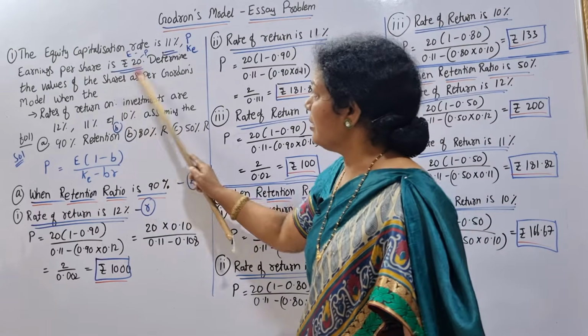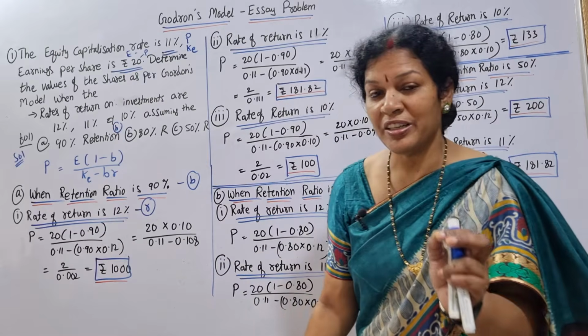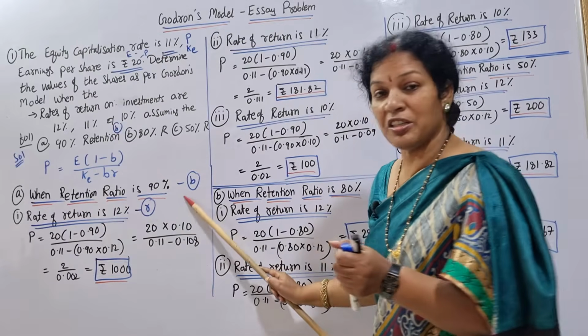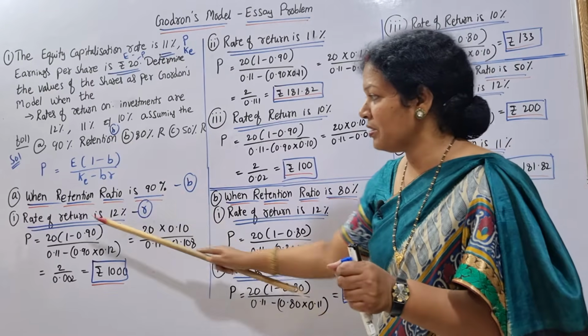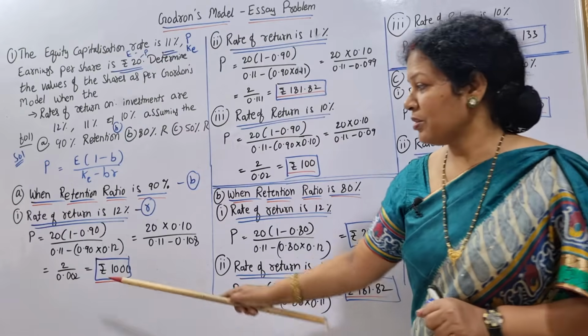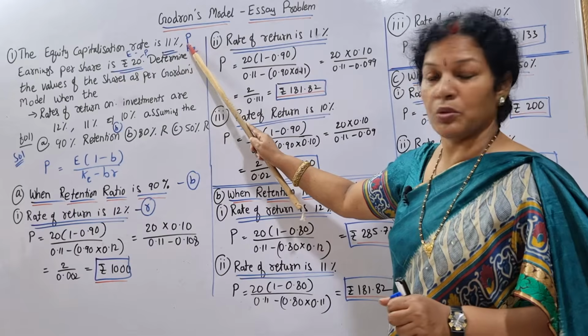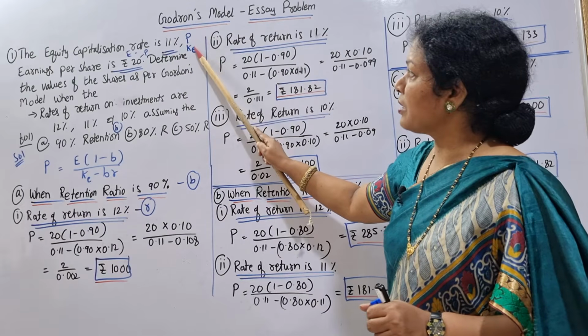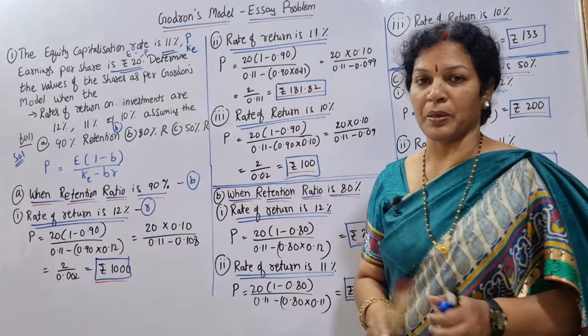So what they are asking is to determine the value of shares. Value of share is 1000 rupees, if the retention rate is 90% and the rate of return you are expecting is 12%. Remember always, cost of capital is permanent and earnings per share is permanent.